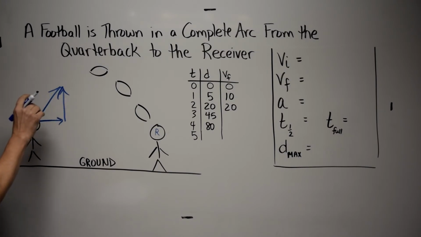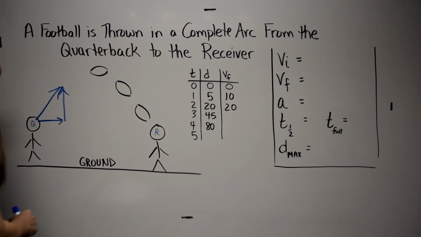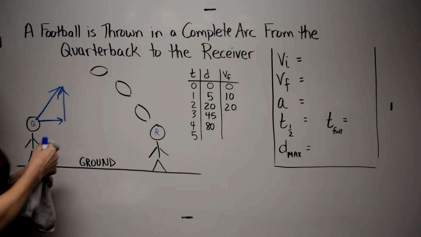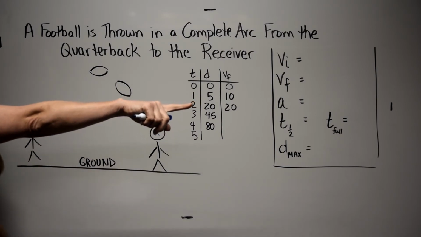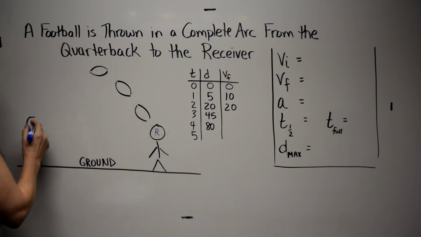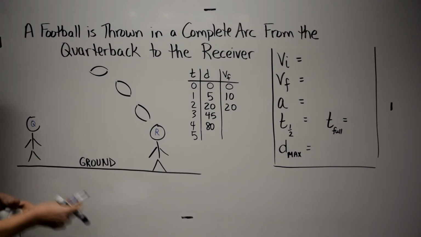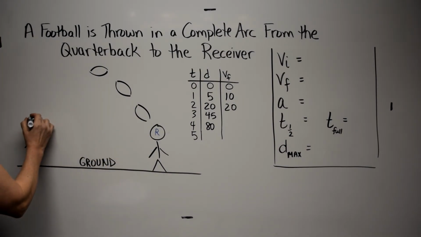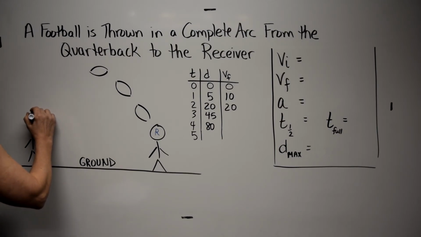That throw at that angle is partly to the right and partly up. So we can break the initial velocity up into an initial velocity to the right and an initial velocity up. Now, I'd like to talk about a situation where the initial velocity upward of this football is 10 meters per second.